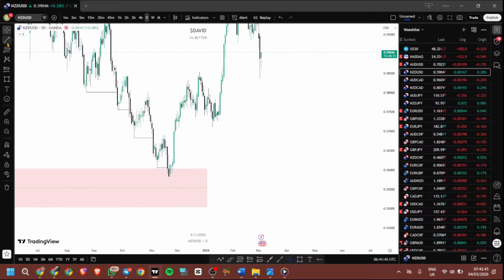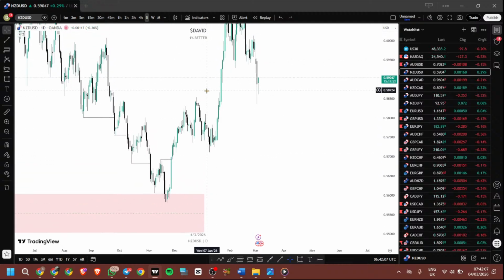This was where price made a shift in structure. Because this was the low that created this high, right? So this was where price made a shift, not just a shift, an impulsive shift to the upside.